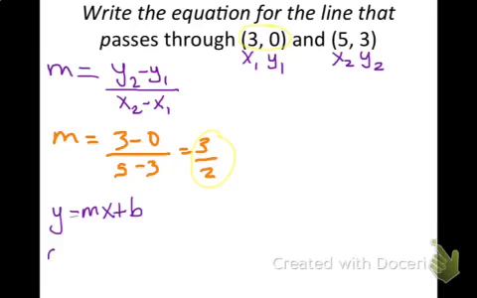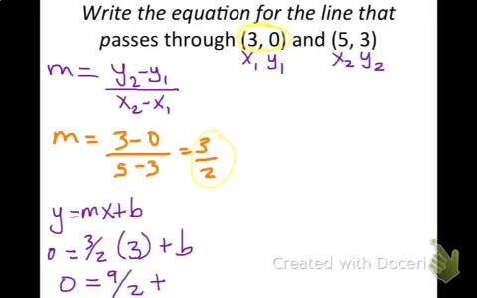So y is 0. m is 3/2. x is 3. And b we don't know. Again, we're using this coordinate right here, the x and the y value. Or you could have used the 5 and the 3, but you have to stick with one coordinate. So once we do that, we get that 0 is equal to 9/2 plus b.